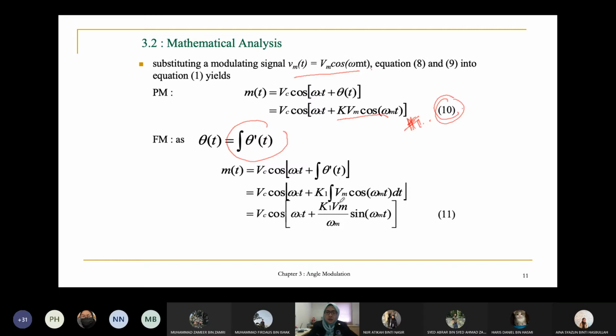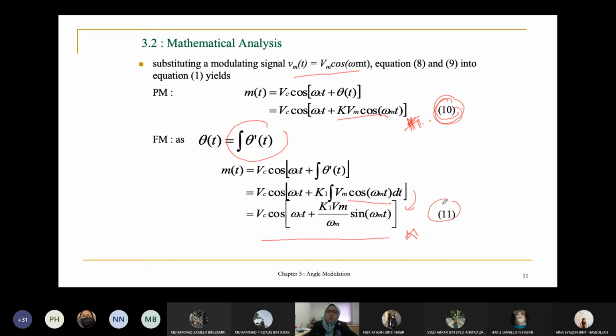When you integrate Vm cos ωmt, it becomes Vm over ωm, with cos changing to sine ωmt. So the full equation for the modulated signal for frequency modulation is Vc cos(ωct + k1 Vm/ωm sin ωmt).